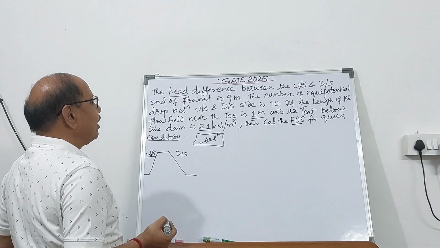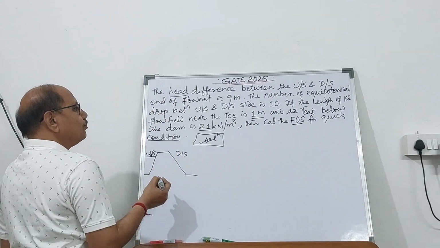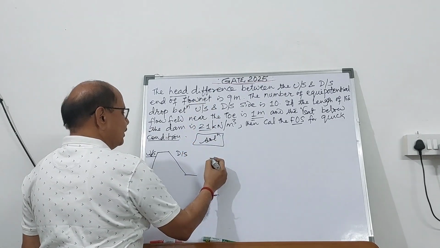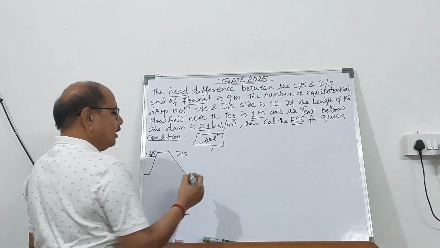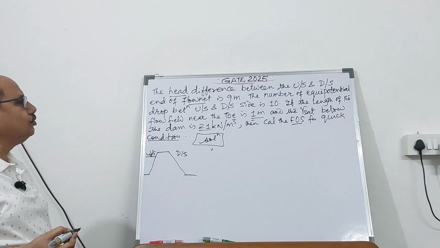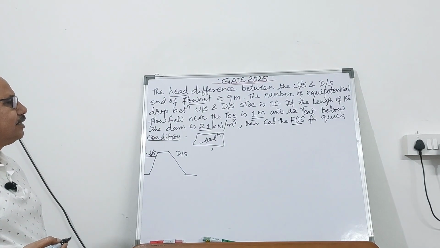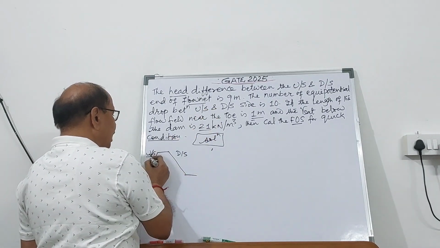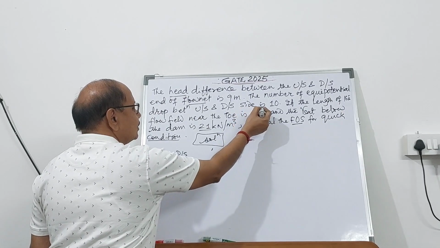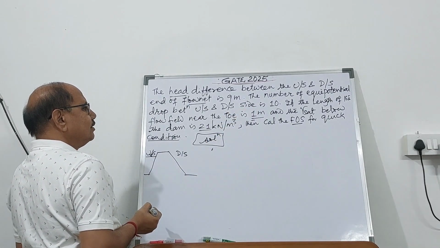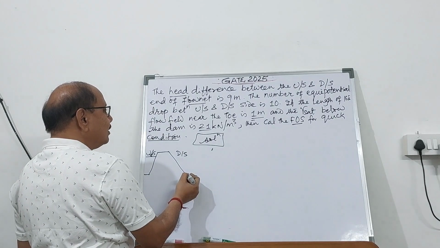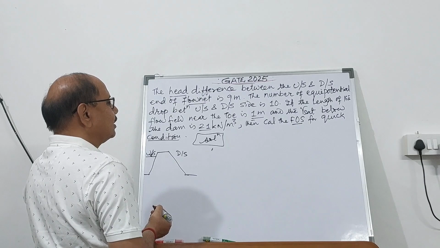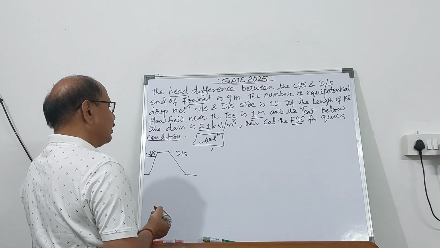The head difference between upstream and downstream end of the flow net, delta H, is given to you as 9 meter, and the number of equipotential drops between upstream and downstream side is also given over here as 10, and the length of the flow field near the toe is also given as 1 meter, and gamma saturated is given to you.